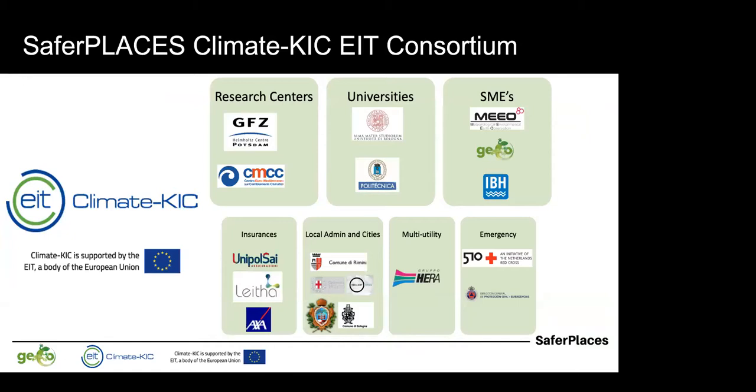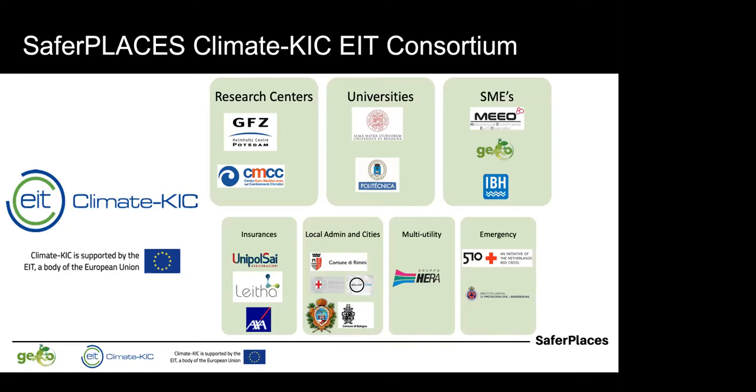SaferPlaces project has been founded by EIT Climate-KIC, and the project started in July 2018 and will last the next year. The project is coordinated by my company, Gecosistema, and is implemented together with the following partners. We have 2 research centers from Germany, ZFZ, and Italy, CMCC, 2 universities, Bologna and Politecnica di Madrid, and 2 other SME, Mio company in Italy and Hummer Consultancy from Austria.